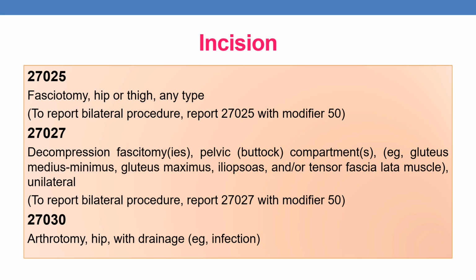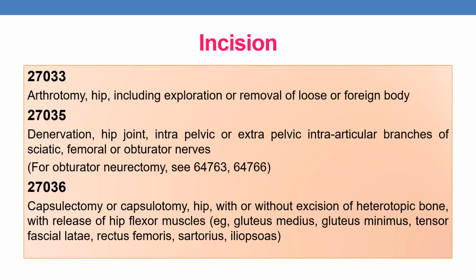And to report bilateral procedure, report 27027 with modifier 50. The next is 27030. It deals with arthrotomy hip with drainage. Arthrotomy hip with drainage, for example to treat an infection. The next is 27033. Arthrotomy hip including exploration and or removal of loose or foreign body.